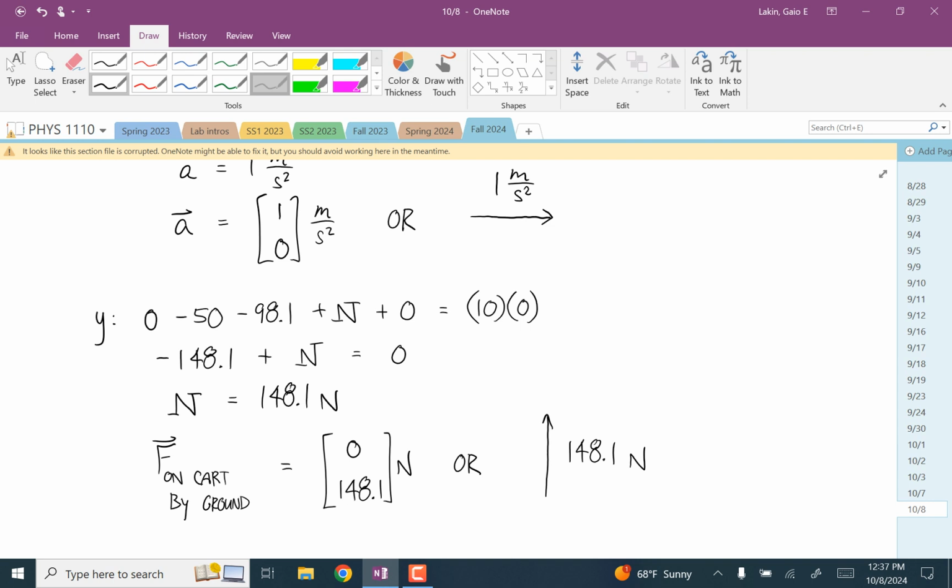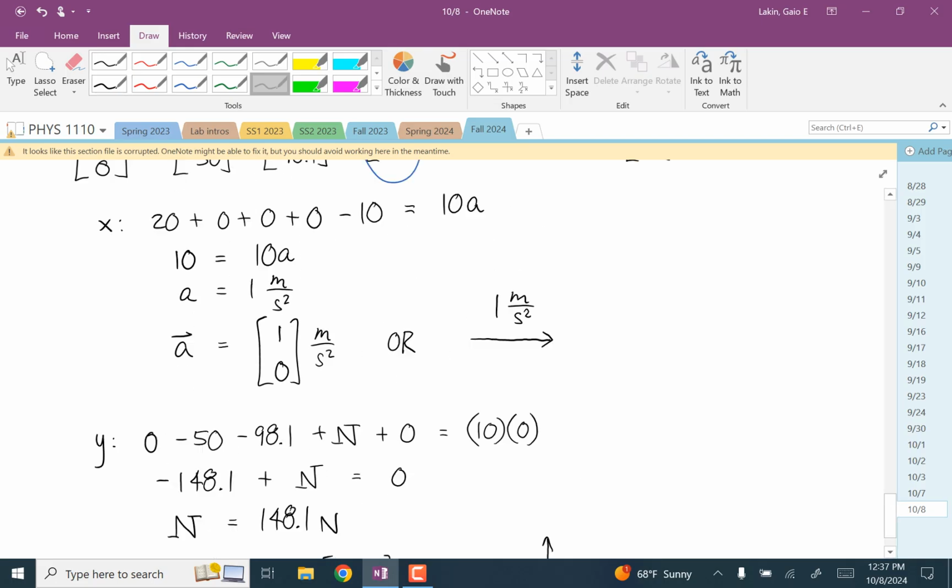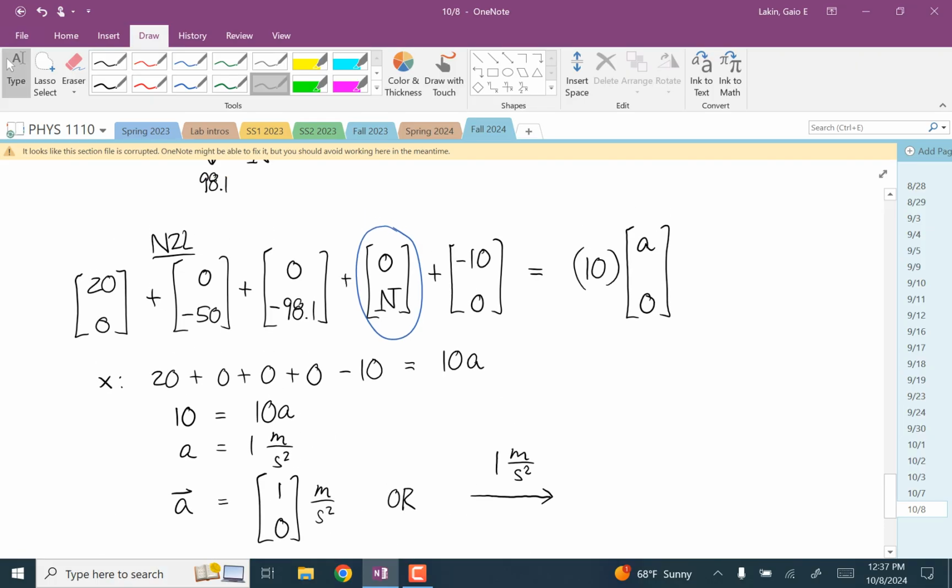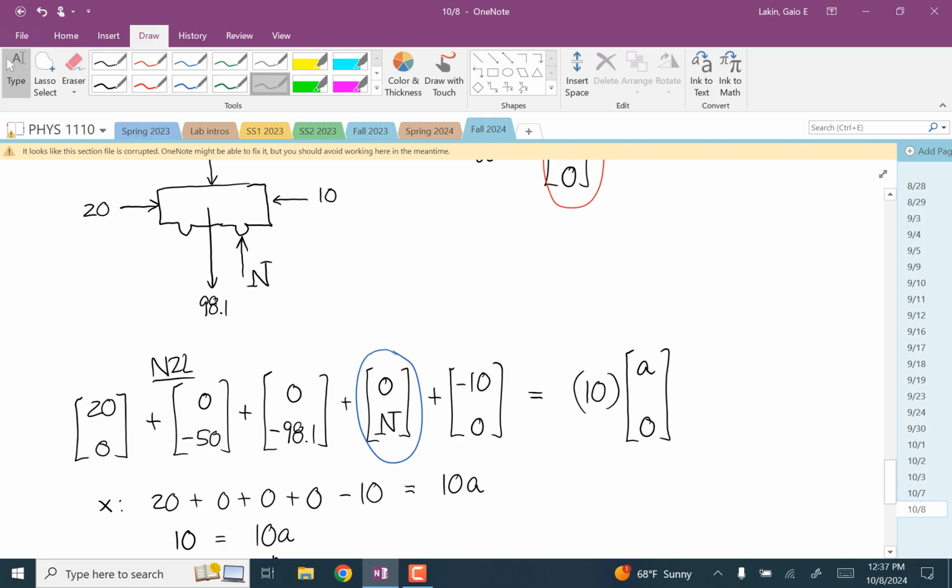Any questions about that? Yeah. For some problems you can, but I think it's a better idea to just do the calculations, because otherwise you have to remember a bunch of rules for when that's true and when it's not true.